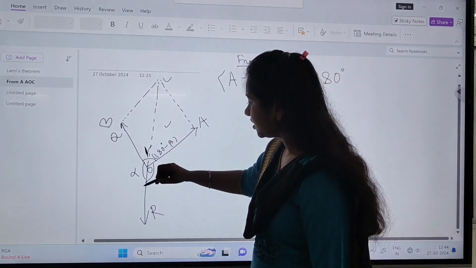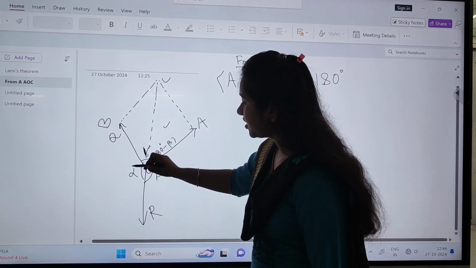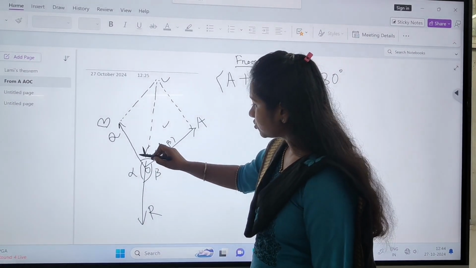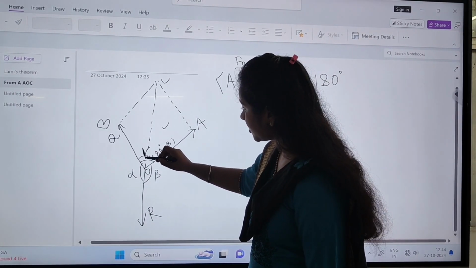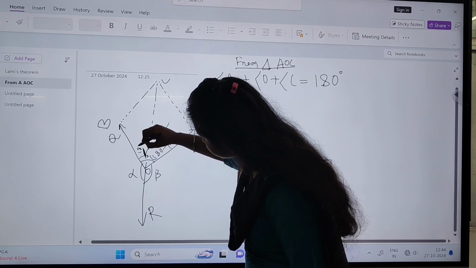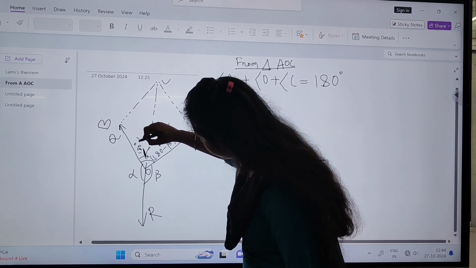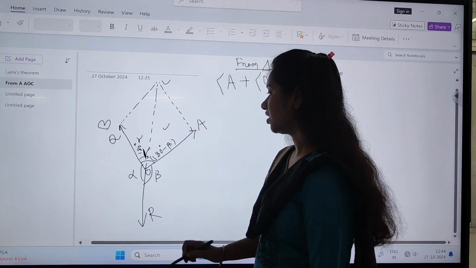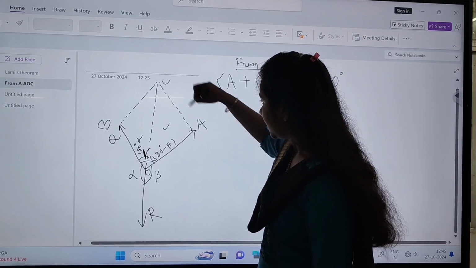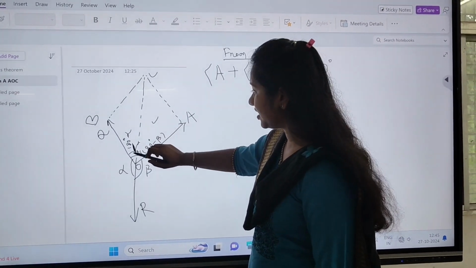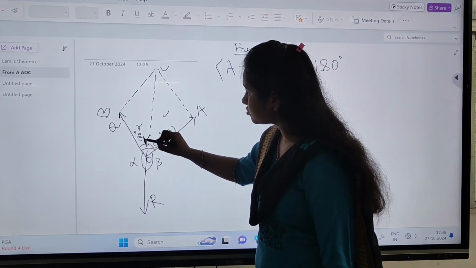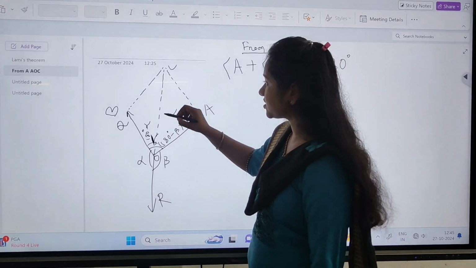So here this one also is a straight line. Here this corner is alpha. So we found this corner is 180 minus alpha. Now this one is a parallel line. We know the corresponding angle is the same. So this one is 180 degrees minus alpha.